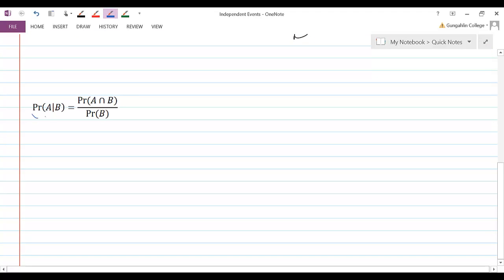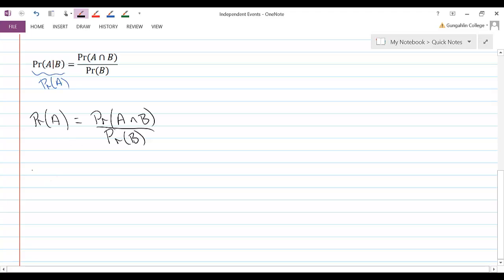So this can be replaced with the probability of A, and once again, very similar to before, the probability of A equals that. If I multiply across, I get the definition of independence.